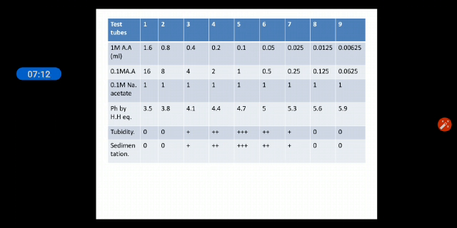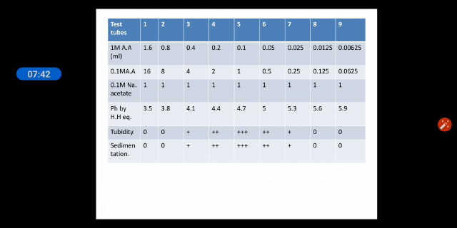Now in all the test tubes the standard 1 ml of sodium acetate solution is added drop by drop, and the pH in each test tube is determined by applying the Henderson-Hasselbalch equation and putting the pKa value of casein.